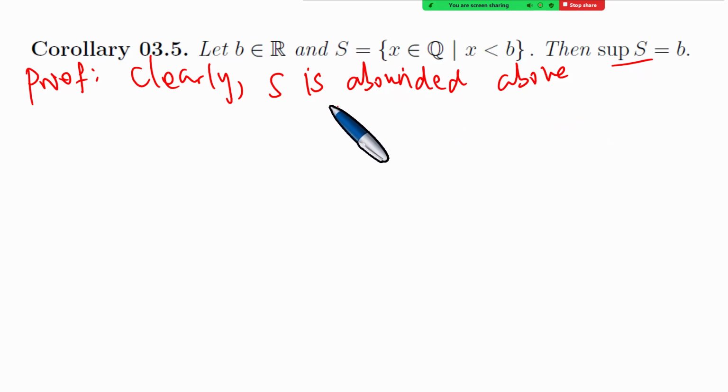So clearly S is bounded above. How do we know this? We know this because there is a supremum there. But obviously we need to say then that the supremum is b. We just need to confirm it is b. But clearly S is bounded above, and so it has a supremum.